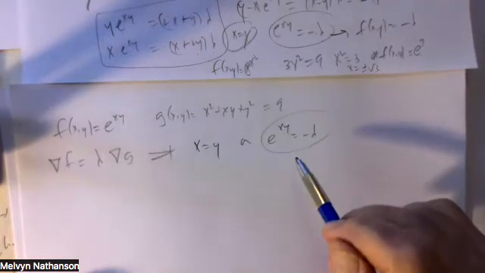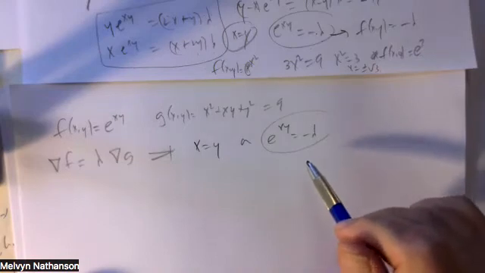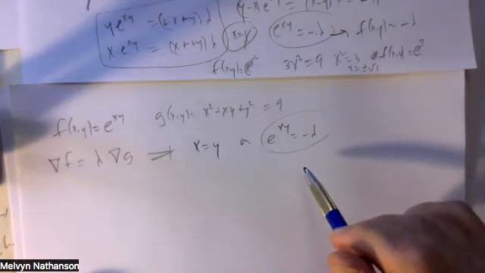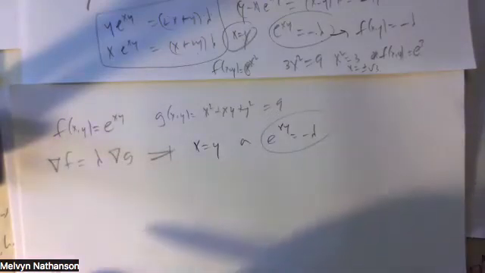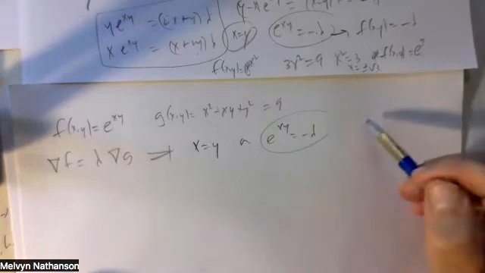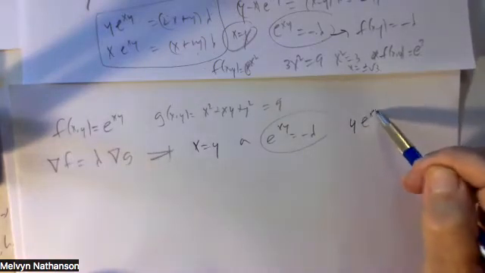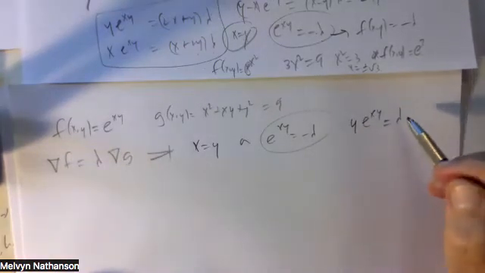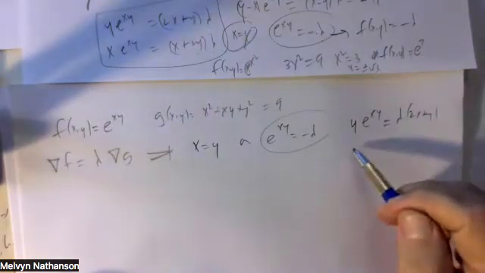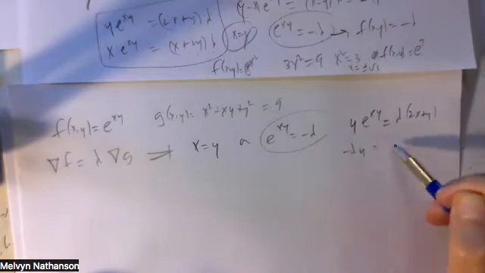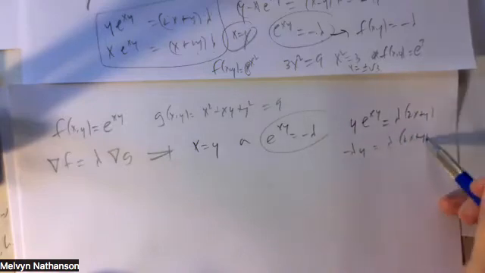If e to the xy is minus lambda, we had the equation y e to the xy is lambda (2x plus y), or minus lambda y is lambda (2x plus y).